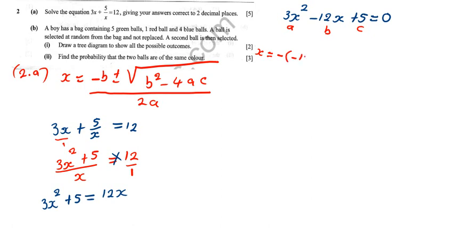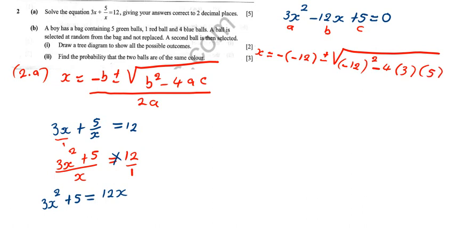So negative 12, positive or negative square root of b squared, so negative 12 squared, minus 4 open bracket a, we are getting 3, c, we are getting 5.